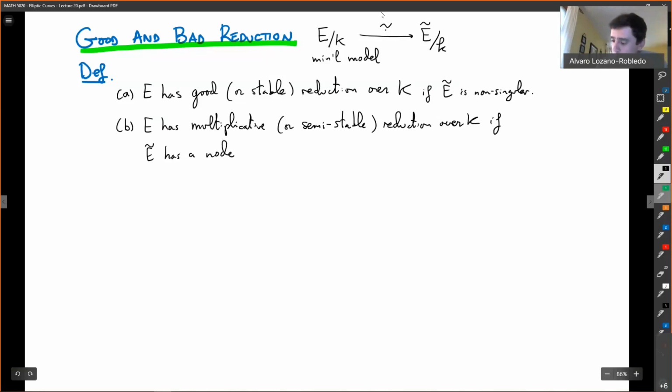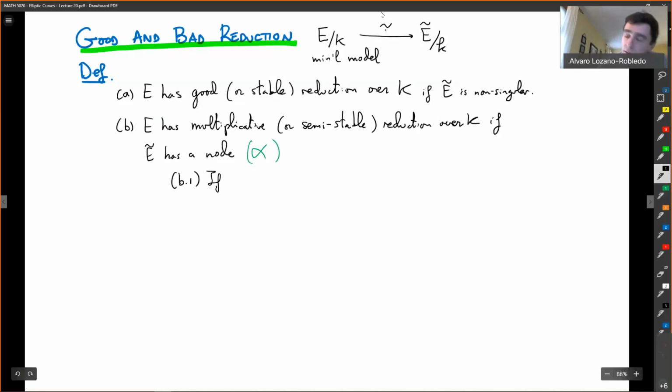Remember, a node looks something like this in the graph, although over a finite field there is no such graph, but basically that's what it means. And then there are two cases in multiplicative reduction.